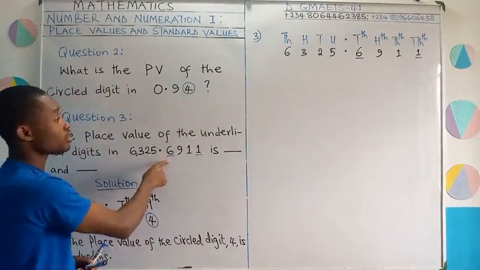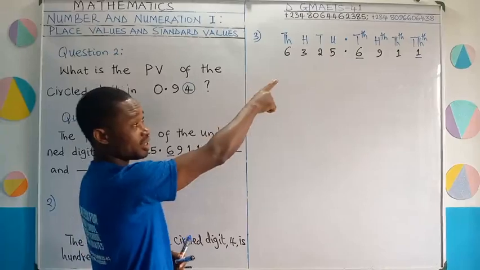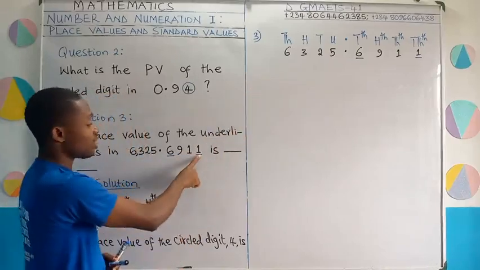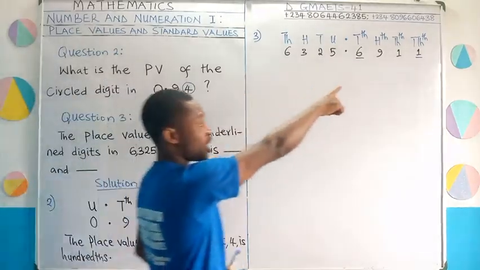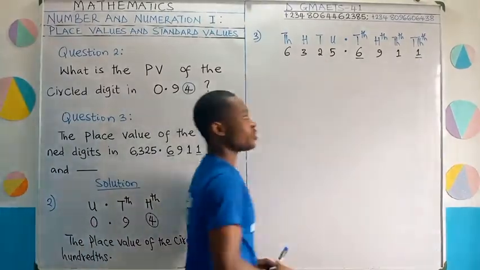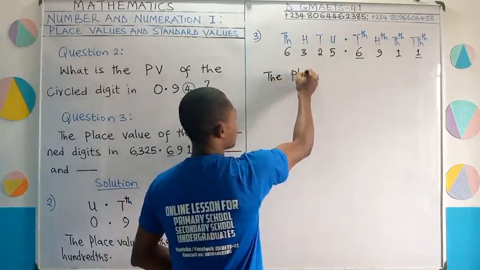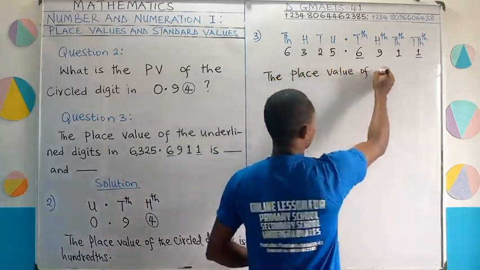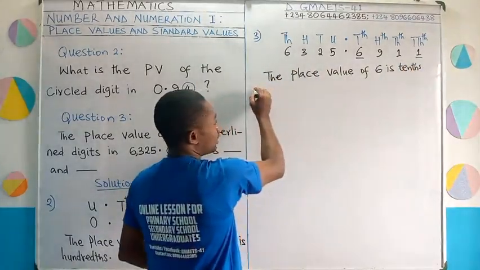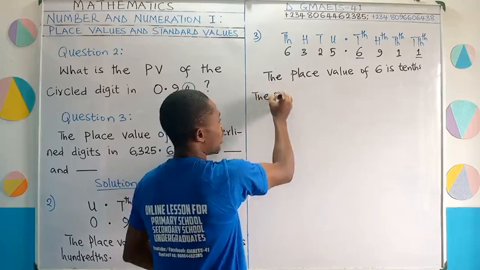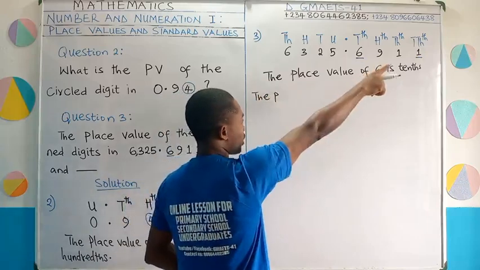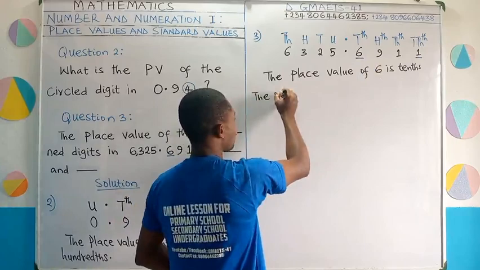The place value of 6 is tenths. You can see it clearly from there. And then the place value of this last one there, you can see that it is ten-thousandths. And so I will write the place value of 6 is tenths. Then the place value of 1, that's the last one there, is ten-thousandths.